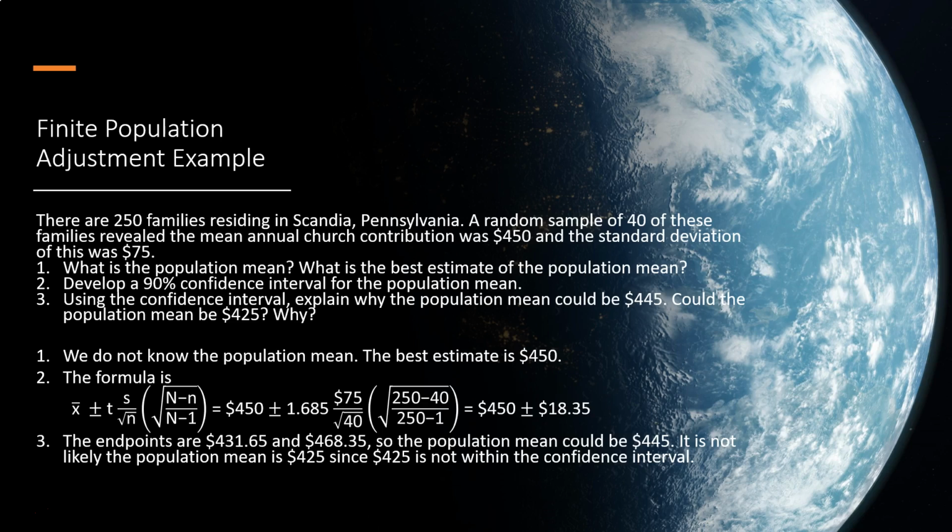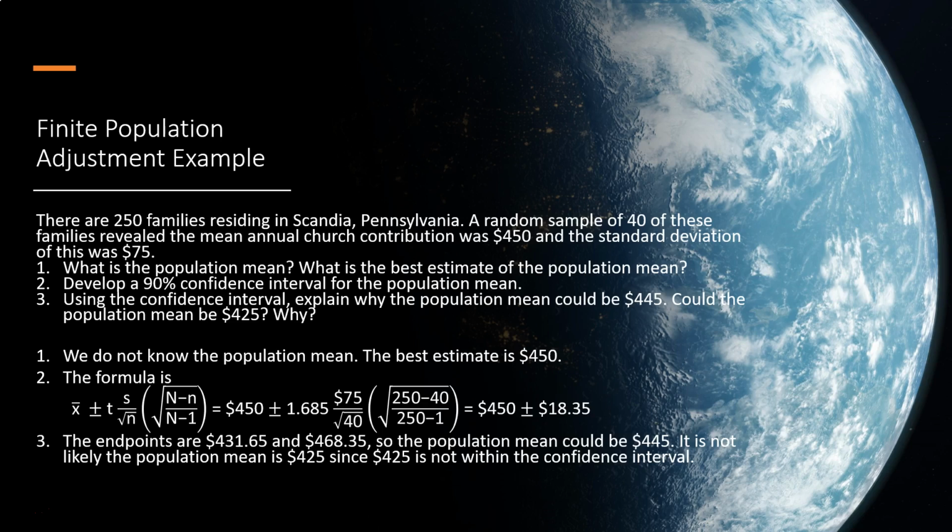We have a random sample of 40 of them with a mean church contribution of $450 and a standard deviation of $75. So here, that's just the sample standard deviation. Because we only have the sample standard deviation, we're going to use our t-distribution. And so the question wants to know what's our estimate of the population mean? We want a 90% confidence interval.